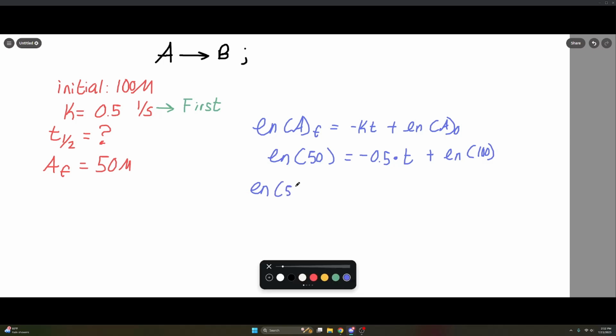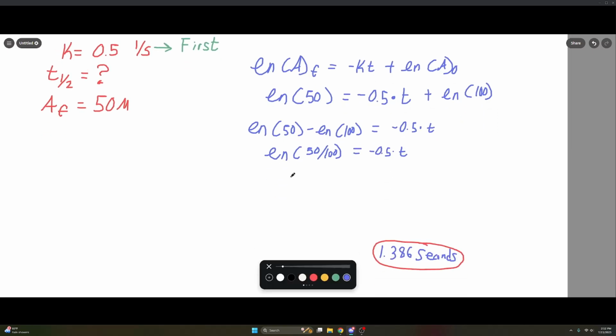So I get natural log of 50 minus the natural log of 100 equals negative 0.5 times t. Subtraction of logarithms is the same thing as division. So that's the ln of, oh, this looks really familiar.